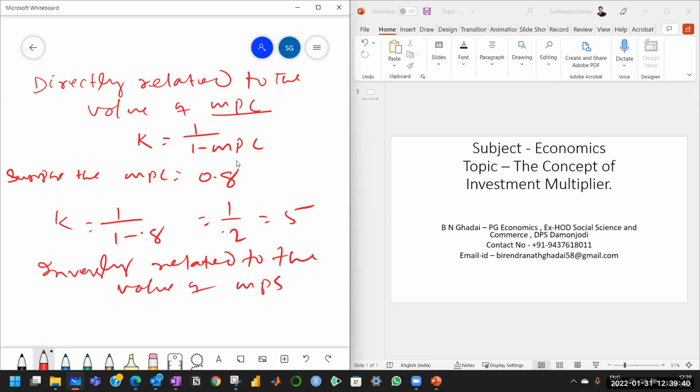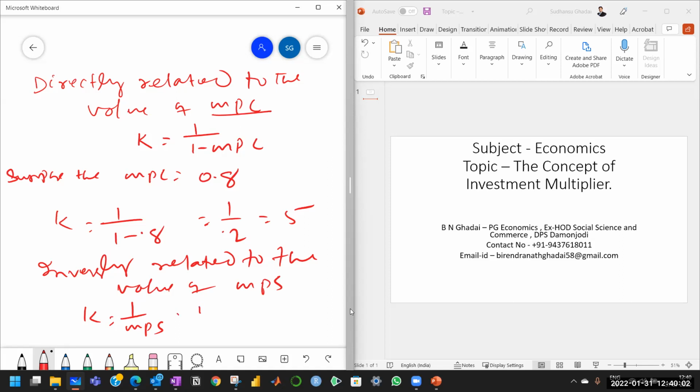That's why we say K is equal to 1 by MPS. If it is MPC, it is 1 by 1 minus MPC. And if it is MPS, then the multiplier is 1 by MPS.